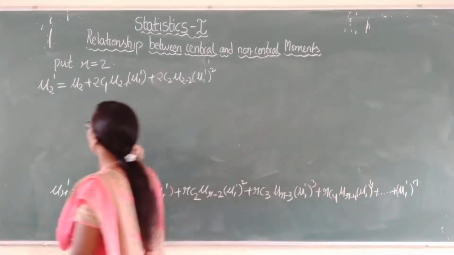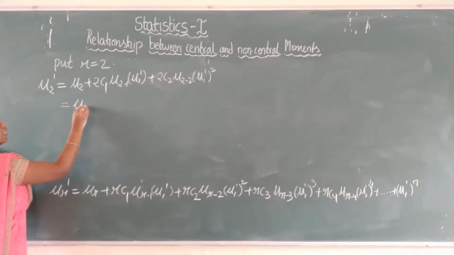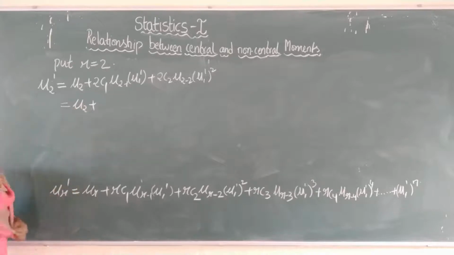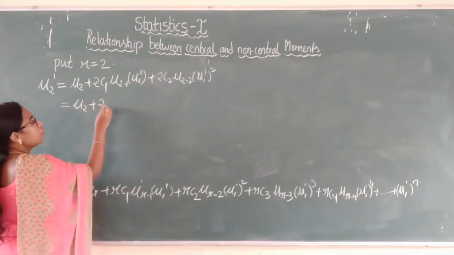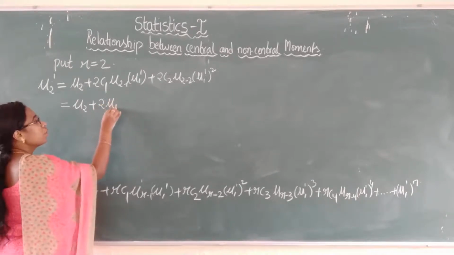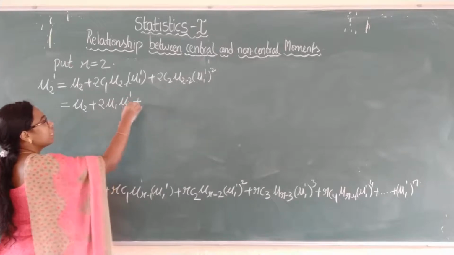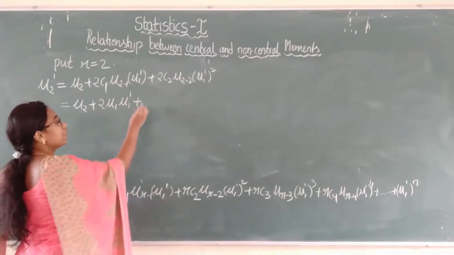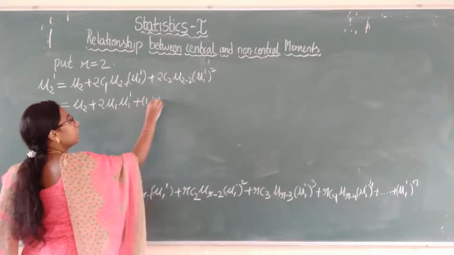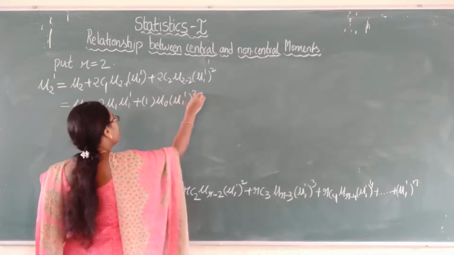So solve it, which is equals to mu2 as it is, 2c1. nC1 value will be n itself. So 2 into mu2 minus 1 is mu1, into mu1 dash, plus 2c2. nCn value is 1 always. 1 into mu naught into mu1 dash whole square.